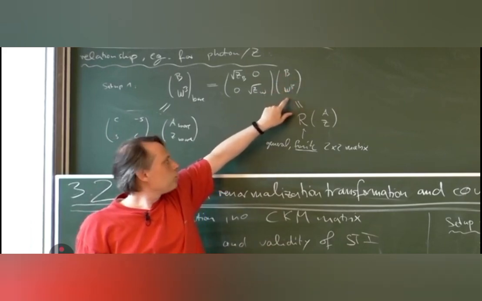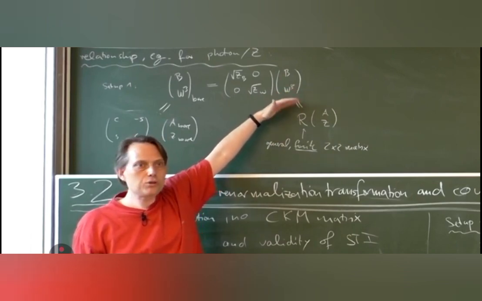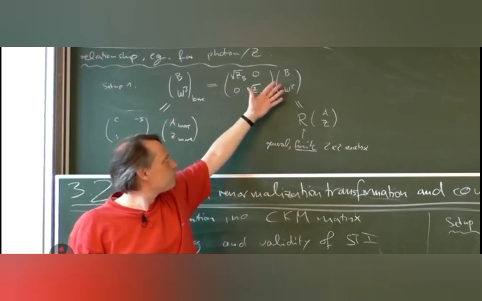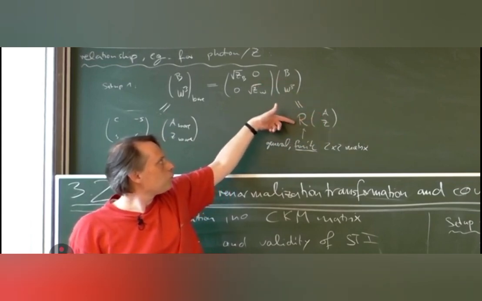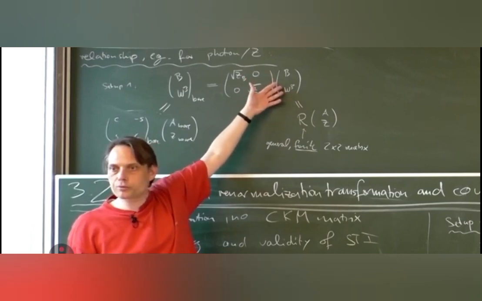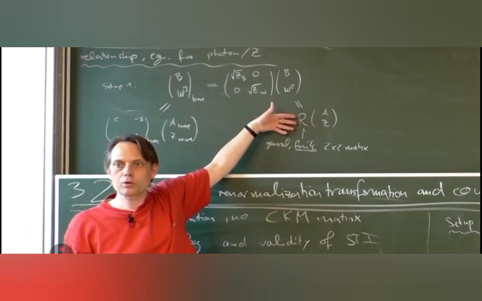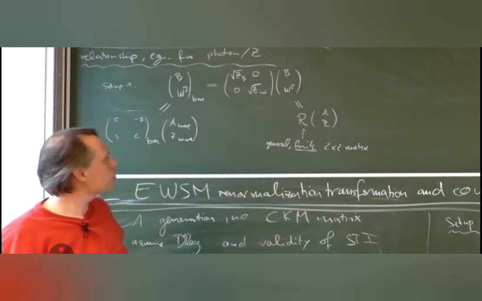And then you can simply, in a finite theory, redefine your fields in any way you want. Nobody can stop you from defining completely new fields called photon and Z, which are simply some linear combination of the previous fields. And that doesn't even have to be an orthogonal linear combination. It can be any linear combination you want. Nobody can stop you from doing that.